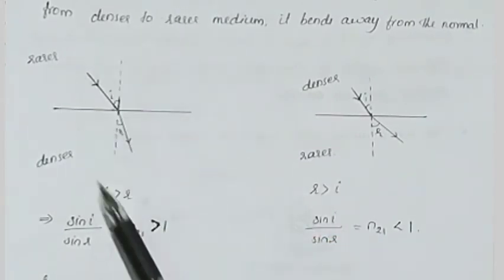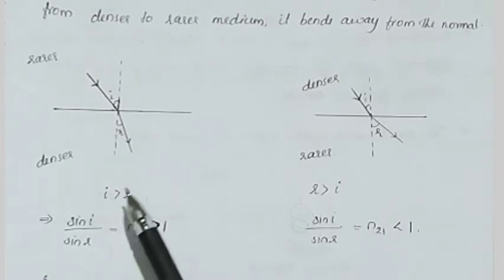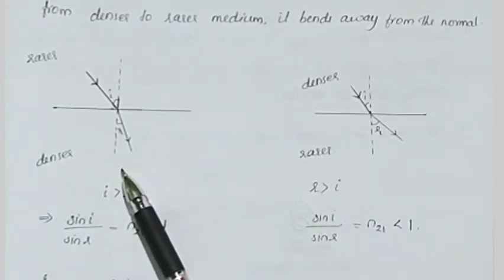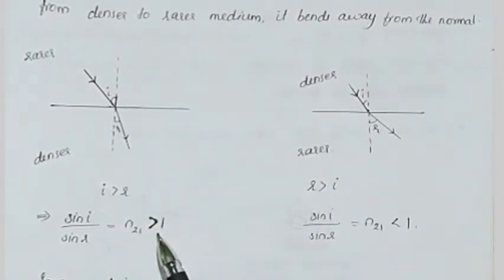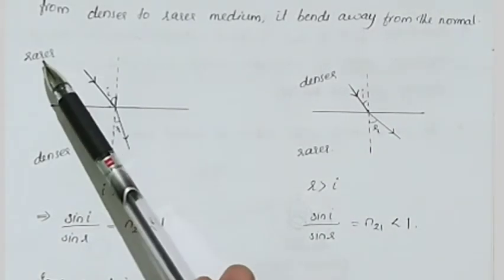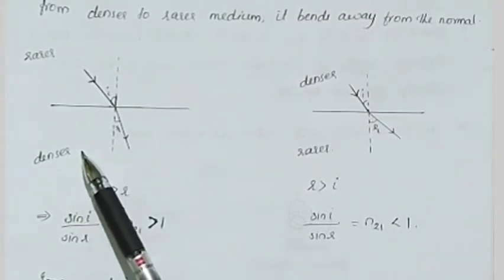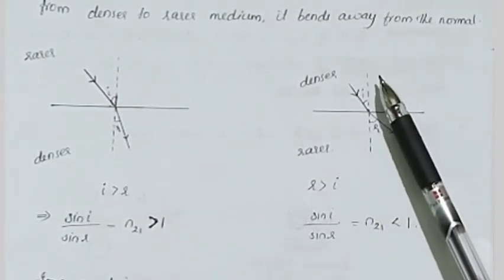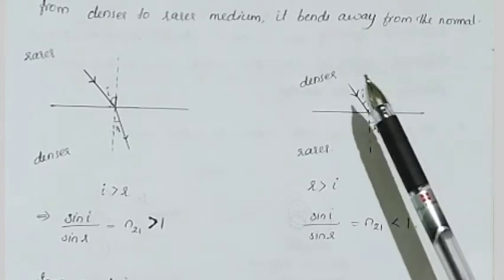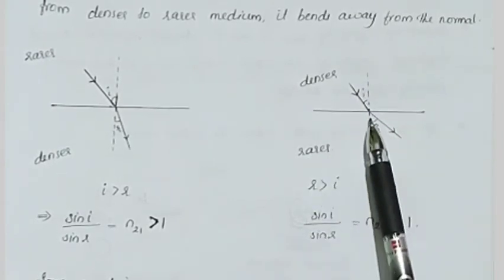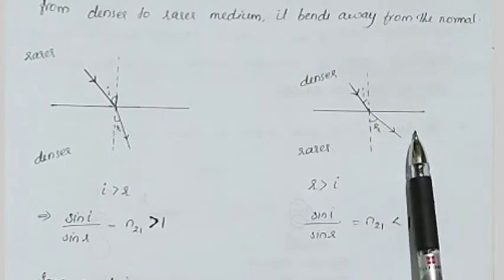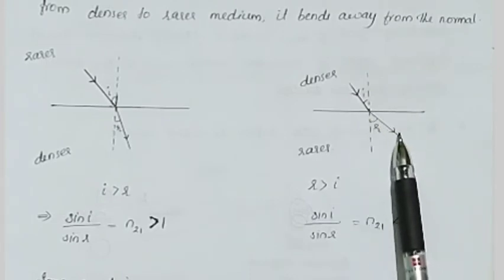This is an important conclusion that we obtain by analyzing the refraction phenomenon. The refractive index of the second medium with respect to the first being greater than 1 means the first medium is rarer and the second medium is denser. Whereas in the opposite case, when the light ray enters from a denser medium to a rarer medium, the light ray deviates away from the normal after refraction.